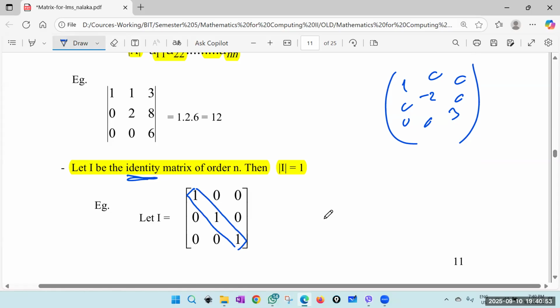So for any identity matrix, 2 by 2, 3 by 3, 4 by 4, 5 by 5, its determinant is 1. Remember the word identity is related to 1. So that is another reason why we call this the identity matrix. A matrix where all the non-diagonal elements are 0 and diagonal elements are 1, its determinant is also 1.